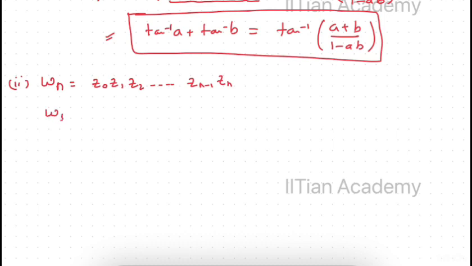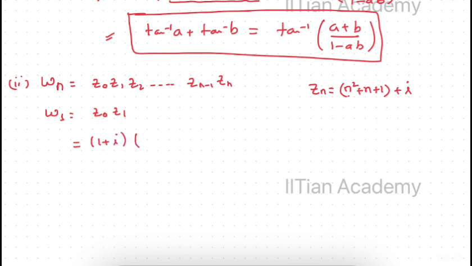And what is Z0? For Z0, we have to use the formula of Zn, which is n squared plus n plus 1 plus i. So Z0 will be n equals 0, that is 1 plus i, and for Z1 we have to put n equals 1, which comes out to be 3 plus i.